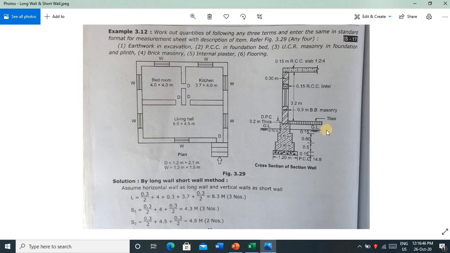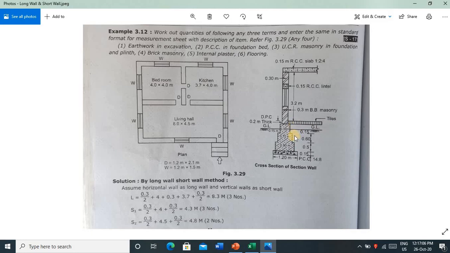So here you can see the ground level is here, and the plinth portion will be this much, and below that, below the ground level, all this will be considered in the foundation.